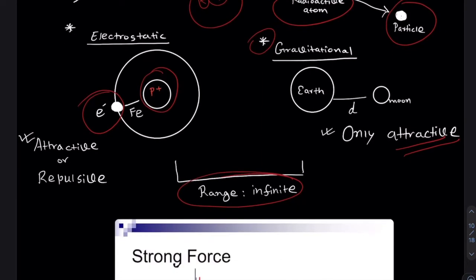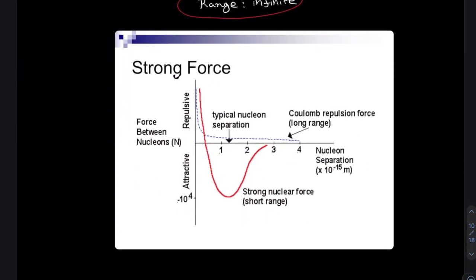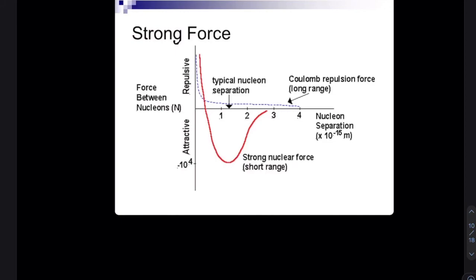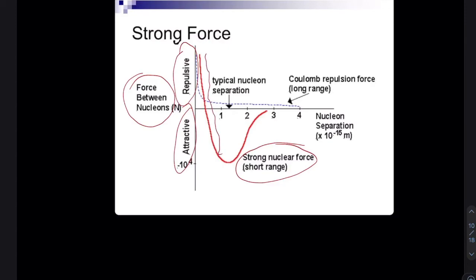Finally, what I want to show is, this is not essential, but this is what's going on here. If you're looking at this figure, this is all about nuclear force. What you see is there is a repulsive region on the y-axis and there's an attractive region on the y-axis also. This is the force between those nucleons, the protons and the neutrons. What you see is a strong nuclear force at a short range, and you can see it's going down, at maybe 1.2, almost right here.